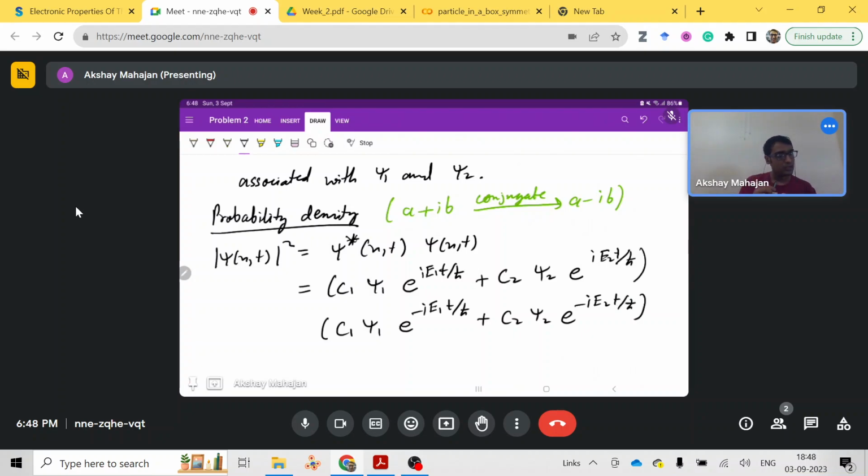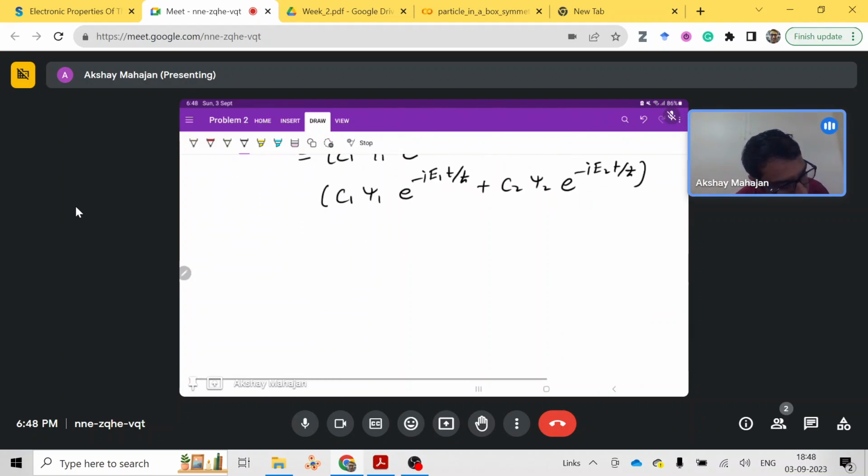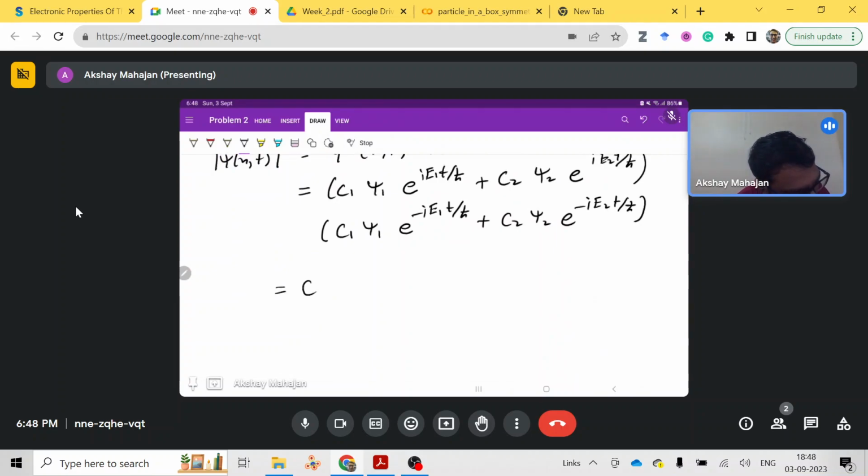Then we can do the multiplication here, and what we get is c1 squared psi 1 squared plus c2 squared psi 2 squared, plus the cross terms c1 c2 psi 1 psi 2.